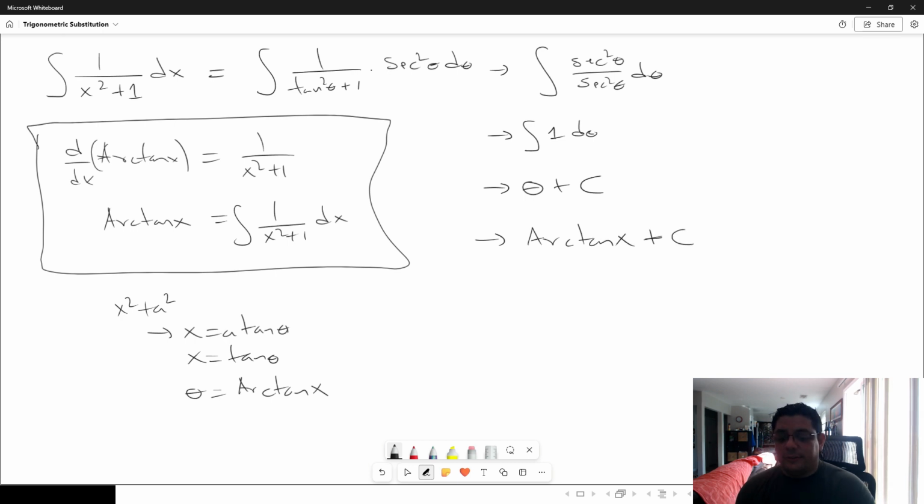Okay, so this is just to verify the relationship between this particular function and its derivative. Now, trigonometric substitution is something that, of course, can be done with definite integrals as well. And we can also do it with the hyperbolic functions that we've seen before. So the next video is going to be on those particular examples.